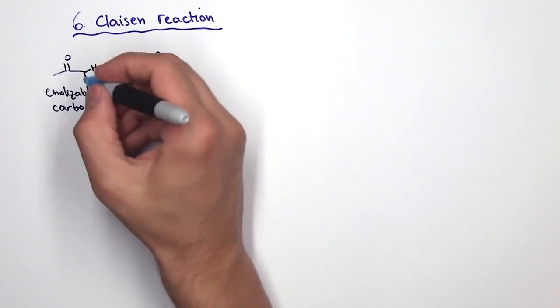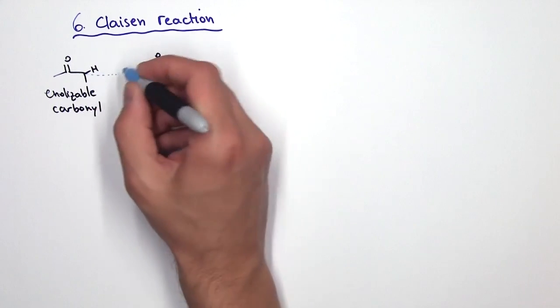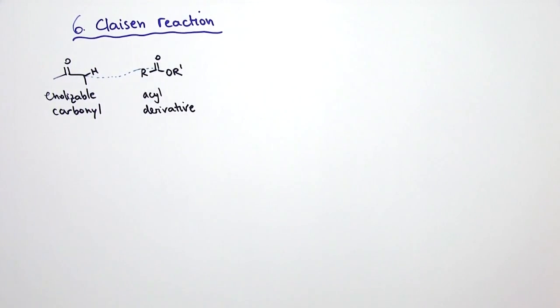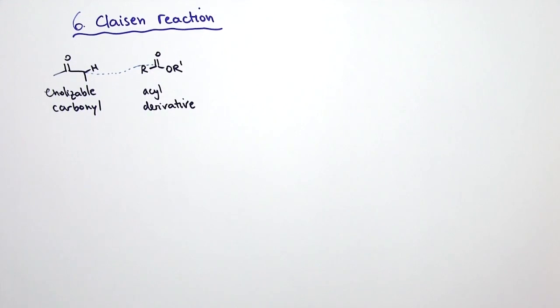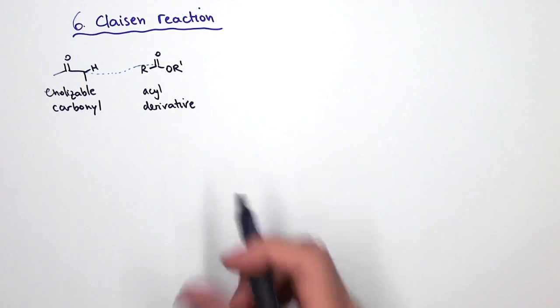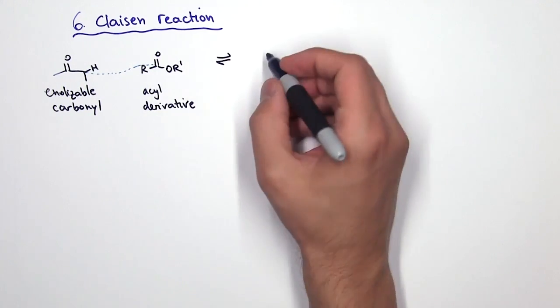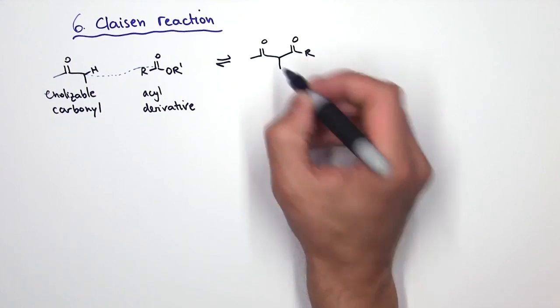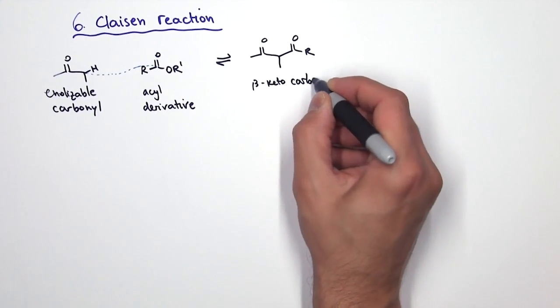And during this reaction, a carbon-carbon bond is formed between the alpha carbon of the enolizable carbonyl and the keto carbon of the acyl derivative. The product of the Claisen reaction is a beta keto carbonyl.